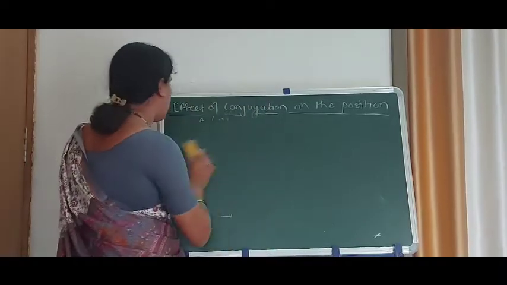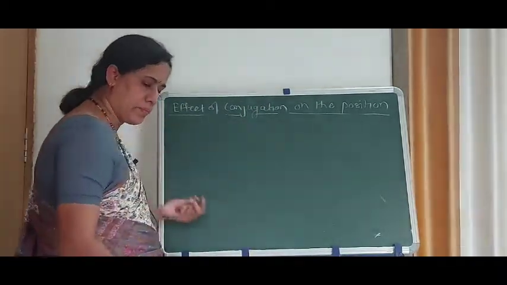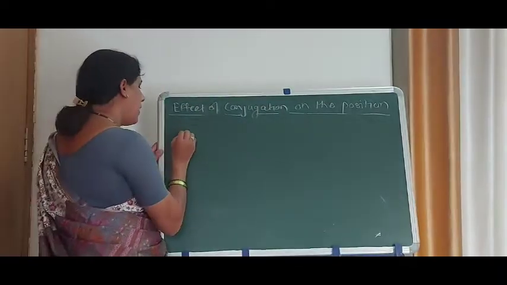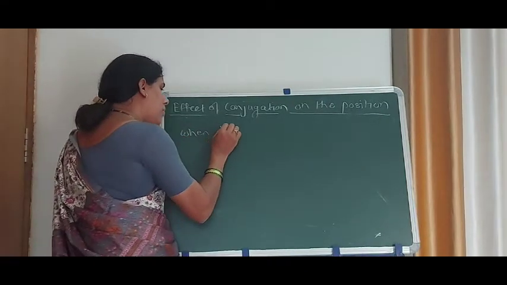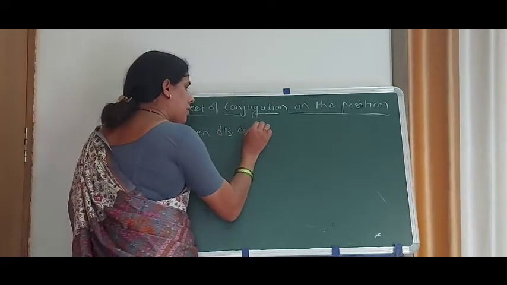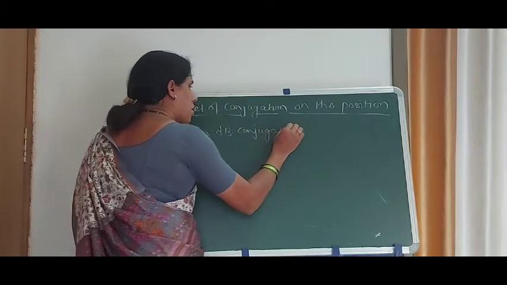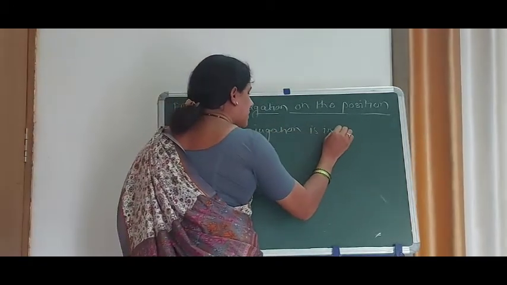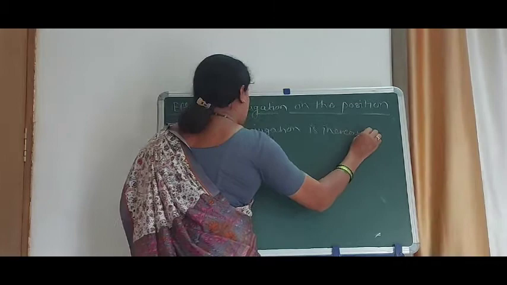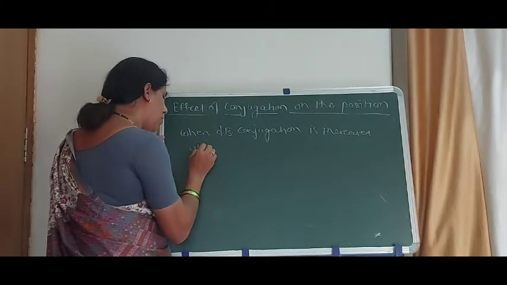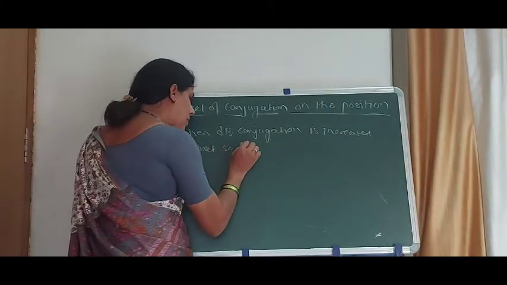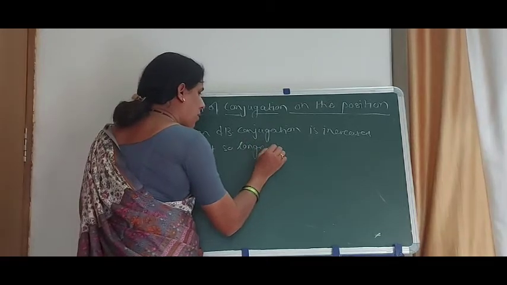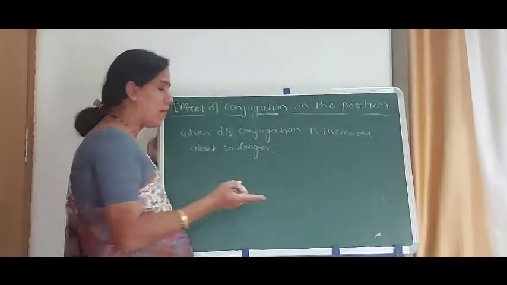If the double bond conjugation is increased so much, or becomes so long, what happens?